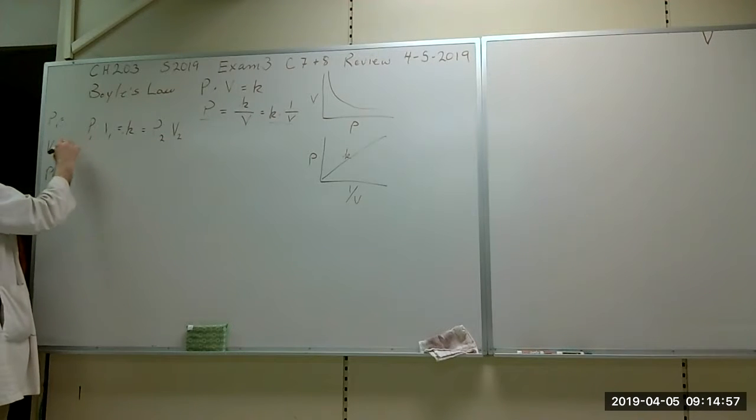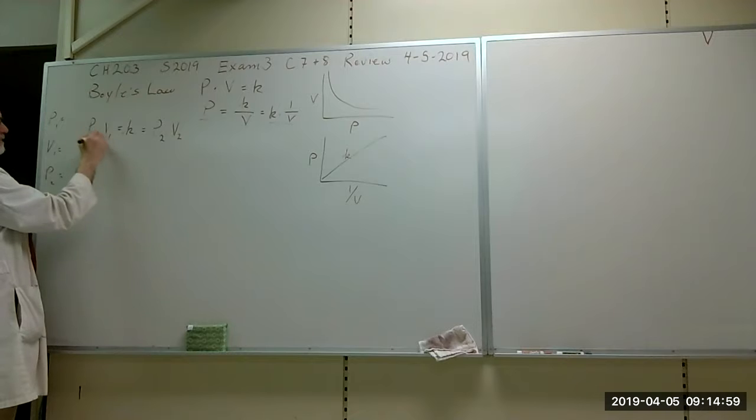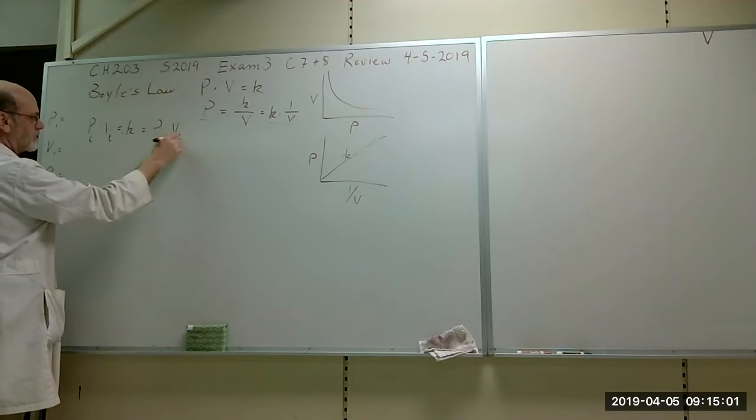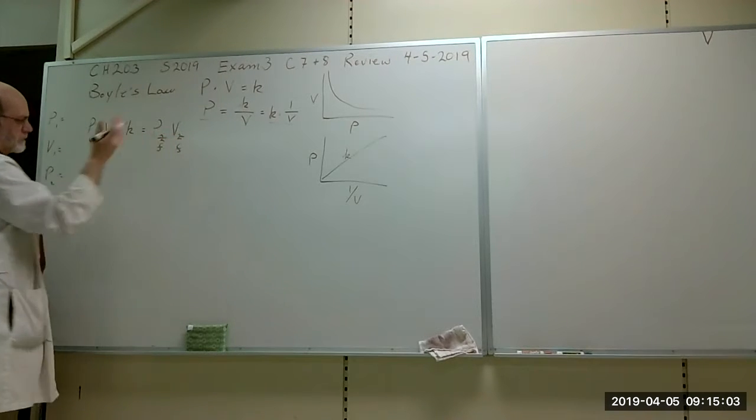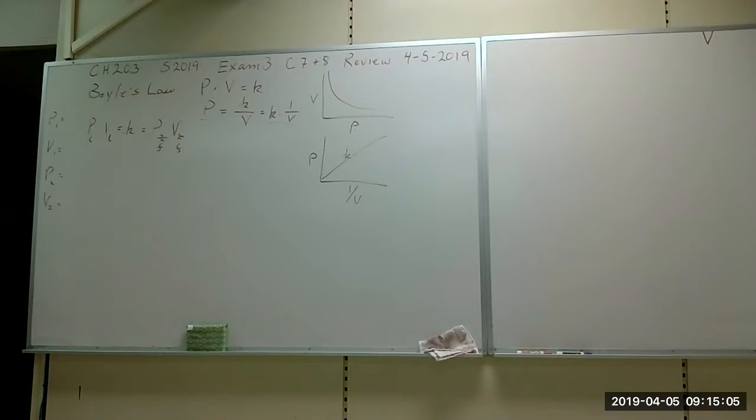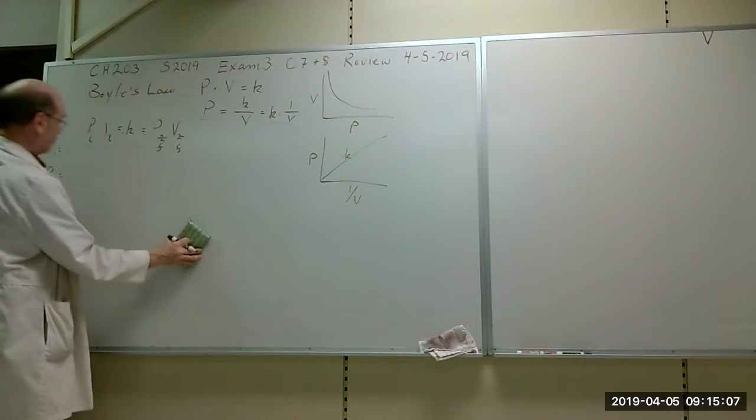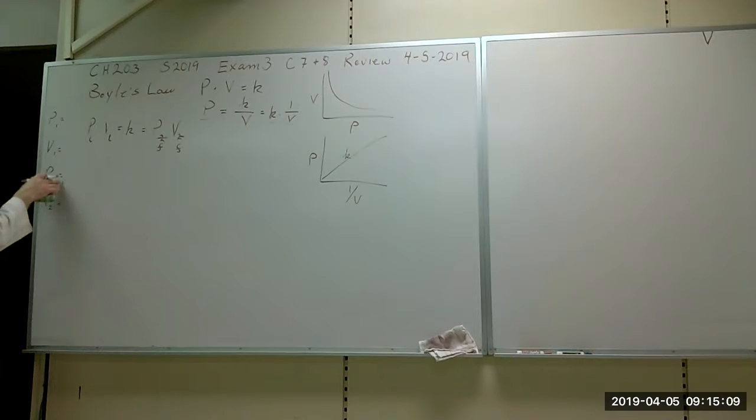Sometimes you might say initial and final, whatever suits you. But as long as you get those values in the right place, then you can plug them in the formula and it'll work. But if you try to do it in your head, sometimes you get them switched around.